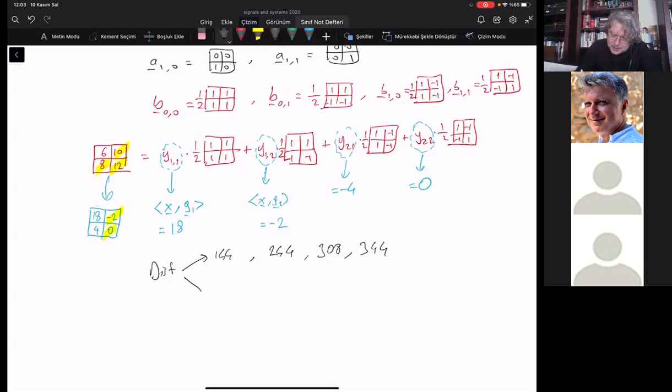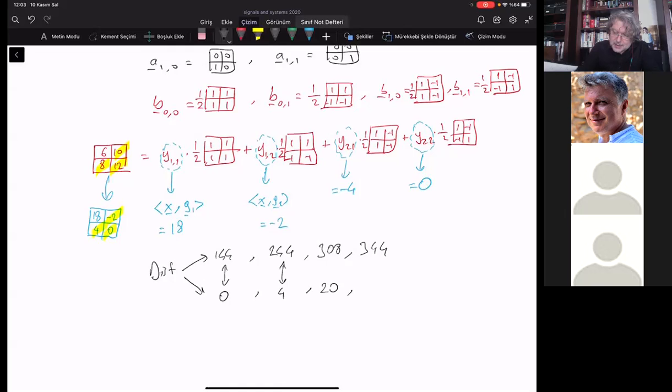And for the other side, the distortion by this much compression was 0 because it was already 0. If I chop off another signal, then it would be 4 because minus 2 squared is 4. If I chop off one more, then it would be 4 plus 16, and that is 20.